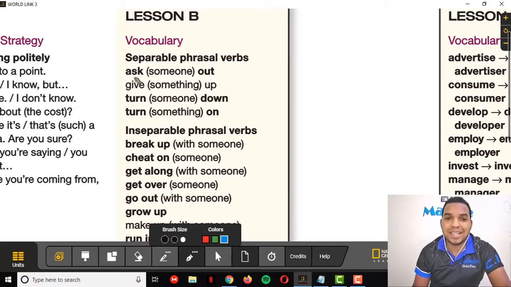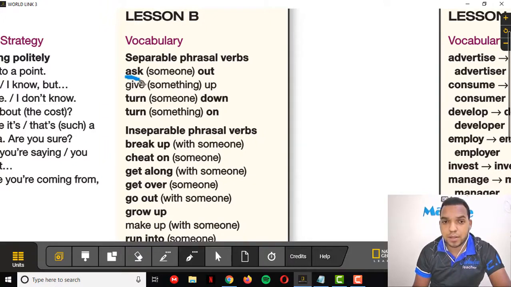All of these phrasal verbs, as you can see, are formed by a verb, for example ask, give, turn, break, cheat, etc., plus a preposition, a word like out, up, down, along, over.